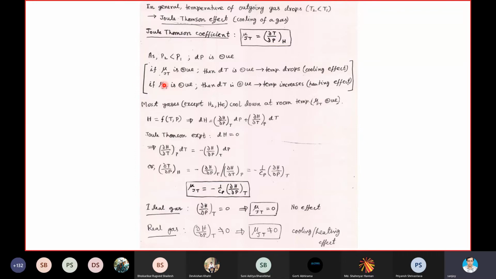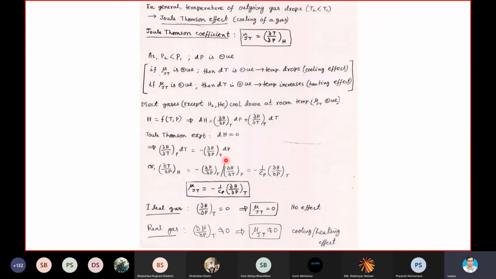Now, if we find that mu JT is negative, then automatically dT was positive, which means there will be a temperature increase, so that was a heating effect. That's why the Joule-Thomson coefficient is an important parameter. If you calculate it and look at the value, you will be able to say whether under that condition the gas is being heated up or cooled down. Clear? So that is what is known as the Joule-Thomson coefficient.